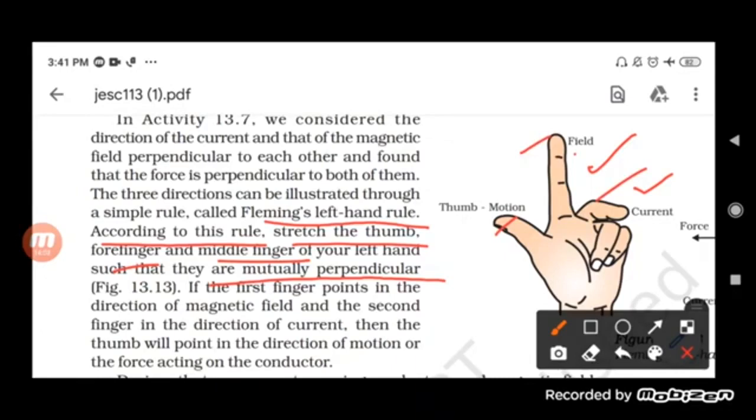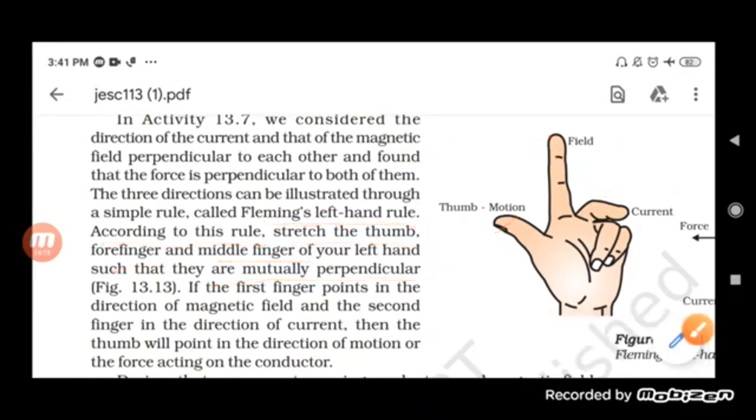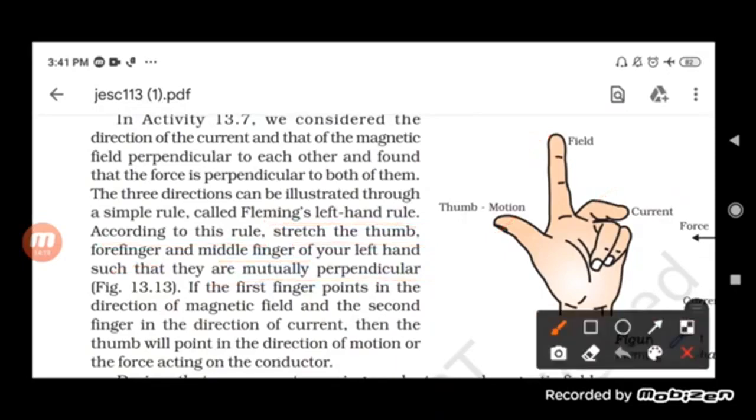the first finger, this is the forefinger, consider it as the field. This is the thumb and this is the middle finger.